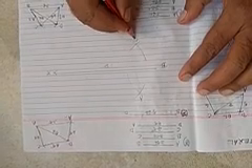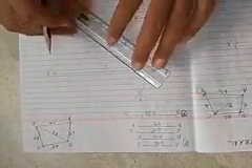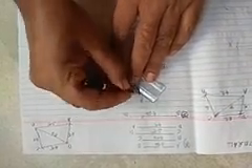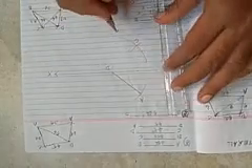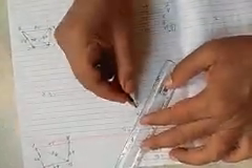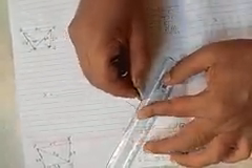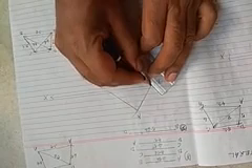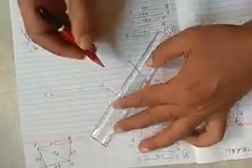So this is the point C. Now join the points AD, AB, BC, and CD.